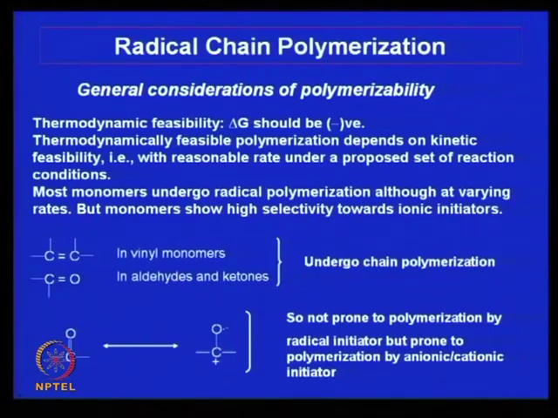If in this monomer some free radical is available, that free radical will interact with a monomer to generate a free radical, then that will lead to couple, forming a bond. How? I am showing you.